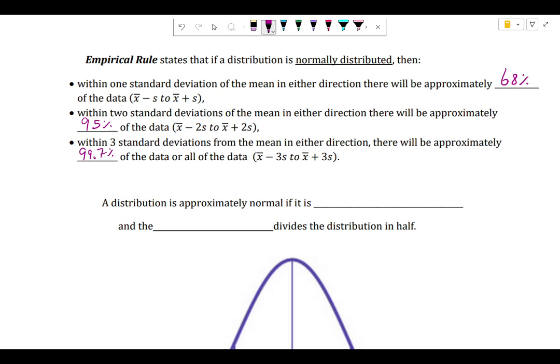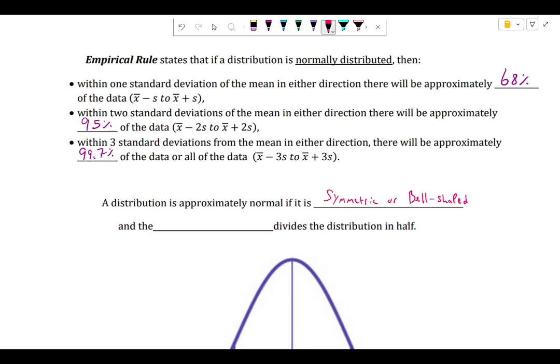We'll look at a picture of this in just a few minutes, but just know that we can apply the empirical rule if a distribution is normally distributed. A distribution is approximately normal if it is symmetric or bell-shaped. So if a question says that the distribution is approximately normal, or symmetric, or bell-shaped, then we know that we can apply the empirical rule.